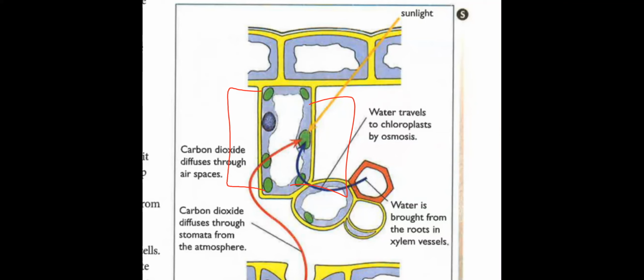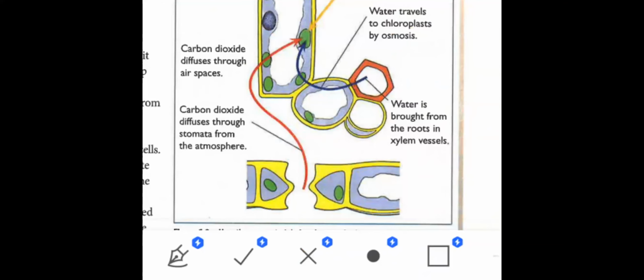And goes to the chloroplast by osmosis. It also absorbs carbon dioxide through diffusion. And the next one, sunlight. It also traps the sunlight to the chloroplast, so that it can perform photosynthesis. And beneath the palisade mesophyll, there is another mesophyll, which is known as spongy mesophyll.